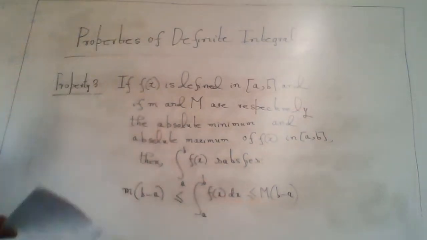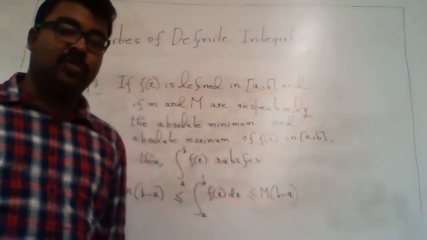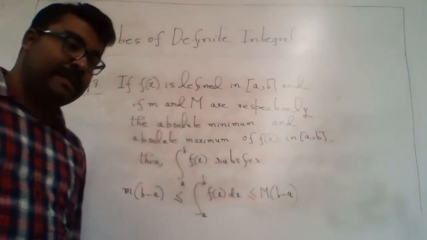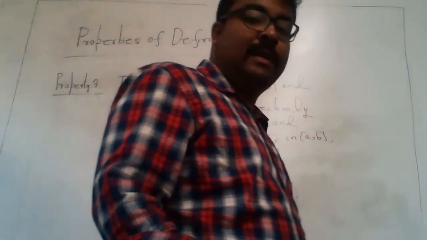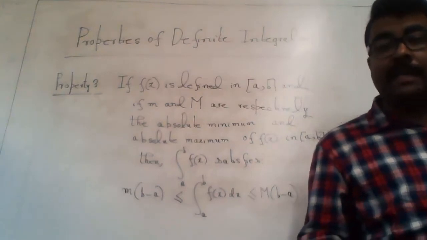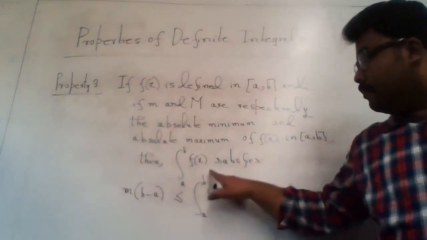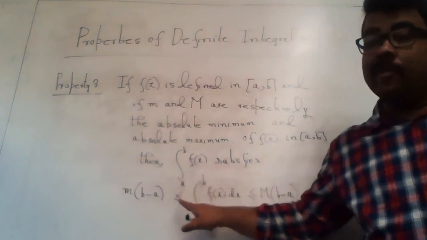Now why is this property important? This is because the value of all integrals cannot be calculated. Whatever functions I give you or that appear in your tests can all be easily computed, but there exist functions f(x) in nature for which the value of this definite integral cannot be easily computed.